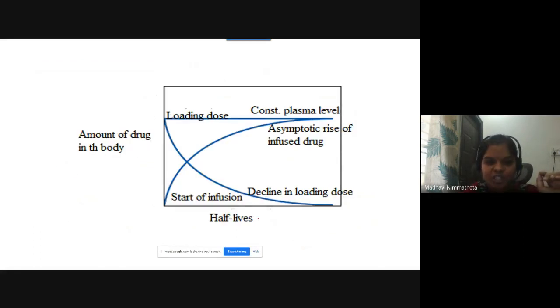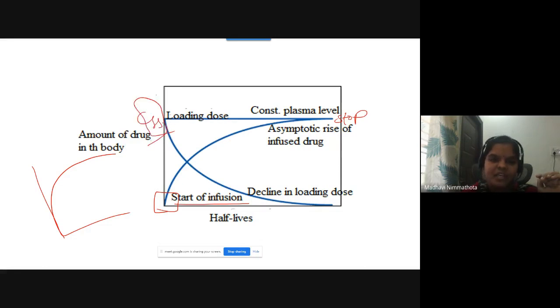In these two graphs, this is the infusion rate curve. You already know that from the previous graph. Here you start the infusion, here the infusion stops, and here is CSS.